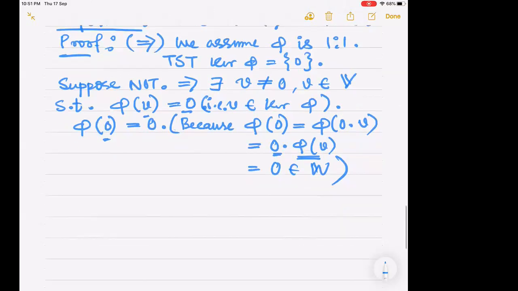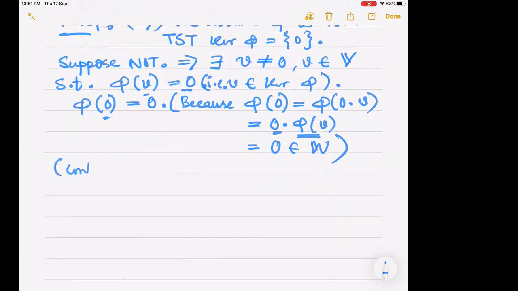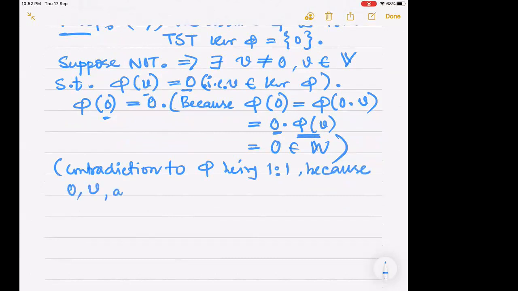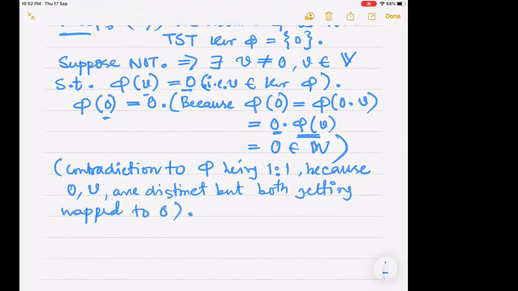So this is a contradiction to phi being one-to-one, because 0 and v are distinct, but both getting mapped to 0.